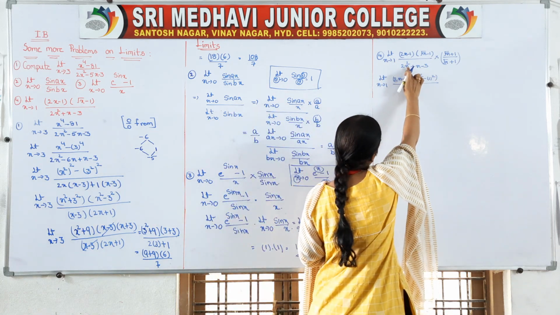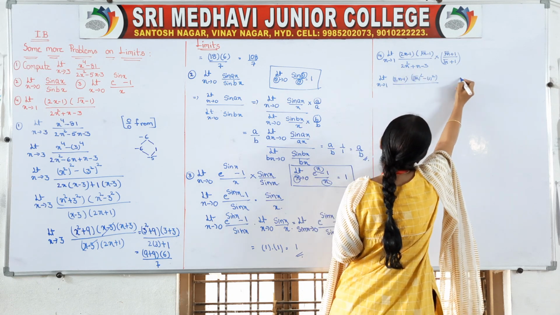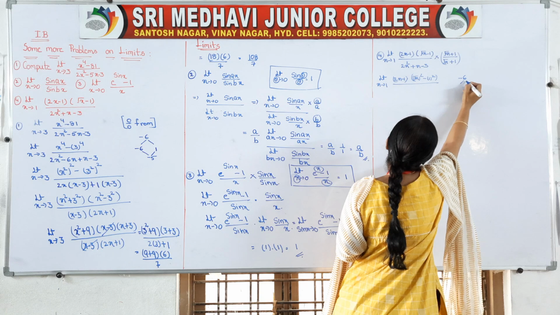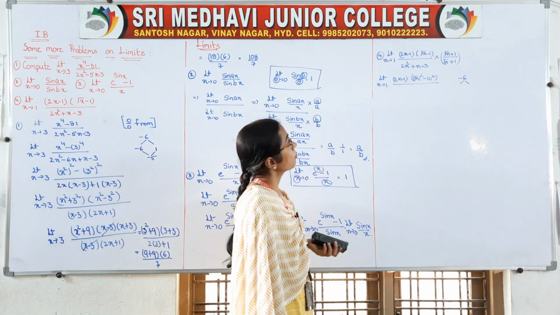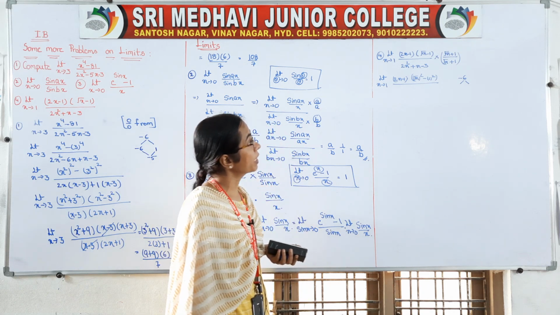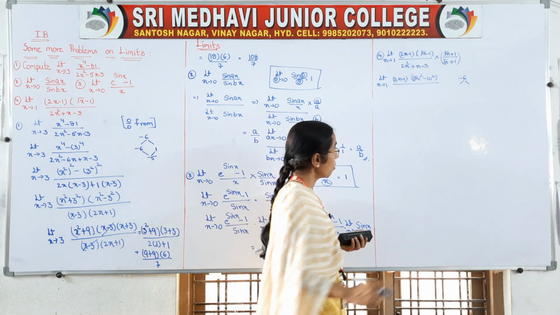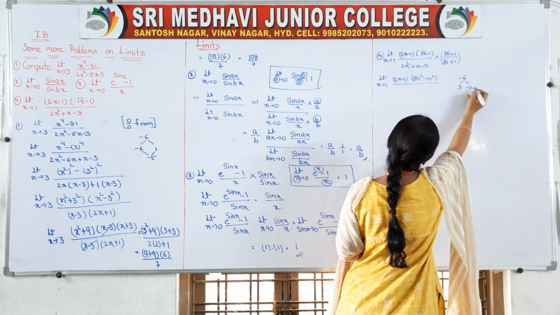First we have to multiply the x square coefficient with the constant, 2 into minus 3, minus 6. Now we have to select two numbers, right? Their product should be minus 6 and their sum should be the x coefficient, 1. So how can we take this value? We can take 3 and minus 2.